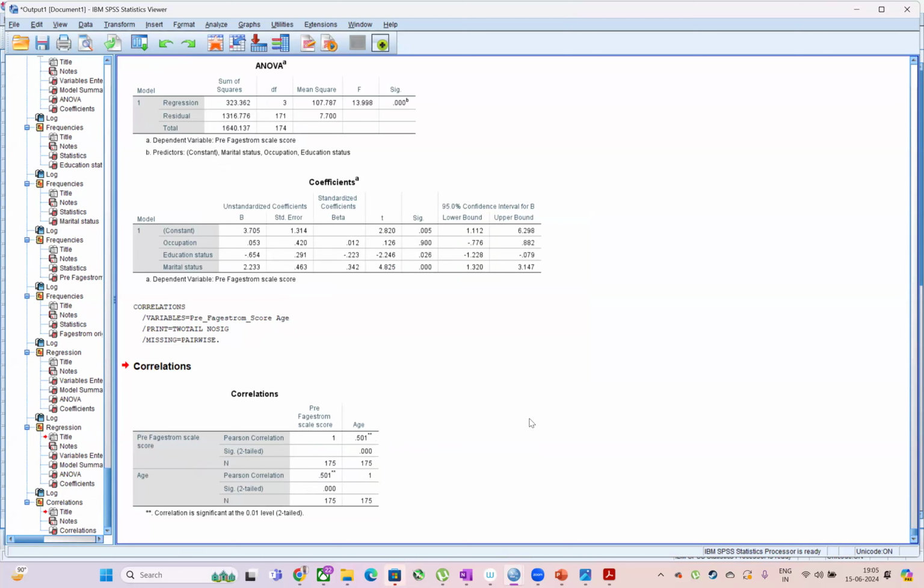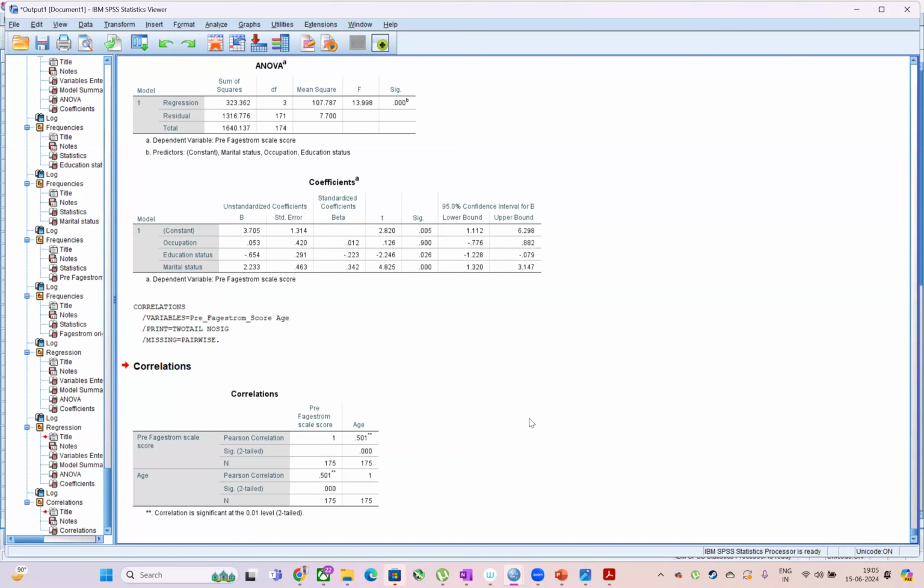That is positive correlation. I have seen people confusing, like, "Sir, as age decreases, the score decreases, it is a negative correlation, sir." No. Negative correlation is, as age increases, the score decreases. As age decreases, the score increases. That is the negative correlation.